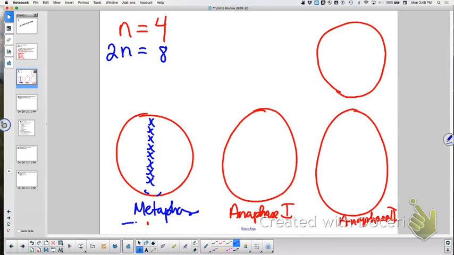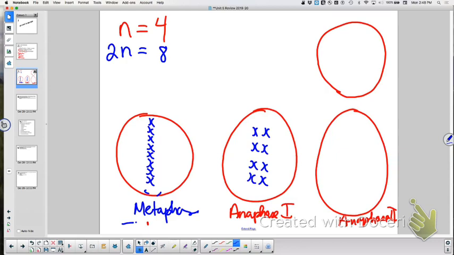They'd line up with their homologous pairs. So I could have 1 pair, 2 pairs, 3 pairs, 4 pairs, and I could be separating them from each other. That would be my anaphase 1.